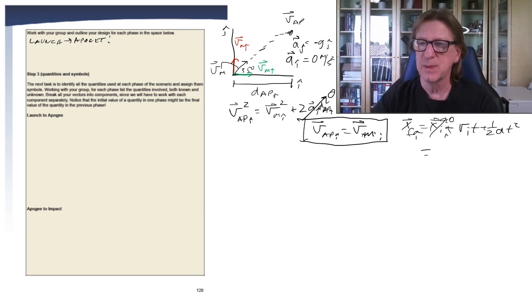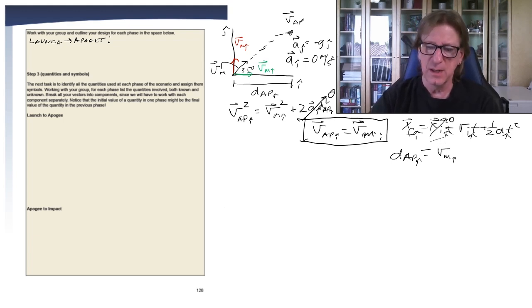So that's going to be d ap, which, by the way, is in the i hat direction. Well, that's going to equal my initial velocity, which in the horizontal direction is Vm i hat. And it's going to be positive, so we could actually get rid of our vector sign and write it out explicitly. That's probably going to be very helpful. You see that that's still a vector. I've got my magnitude, my direction. All right, times t plus 1/2 a t squared.